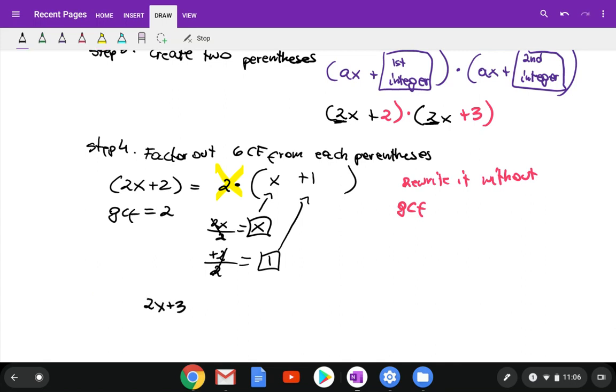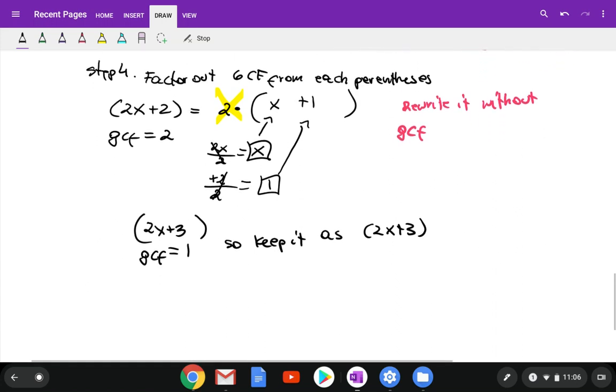So the GCF between 2 and 3, again, there is no number which can divide 2 and 3. So that means the GCF is equal to 1. So keep it as 2x plus 3. So now leave it the way it is.